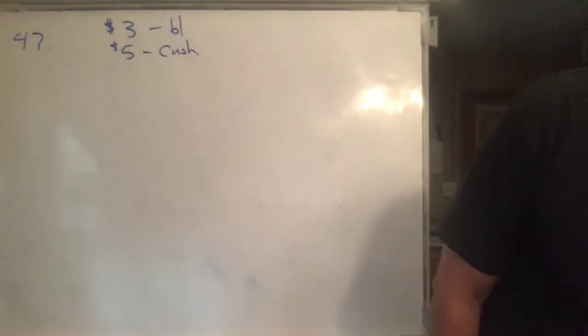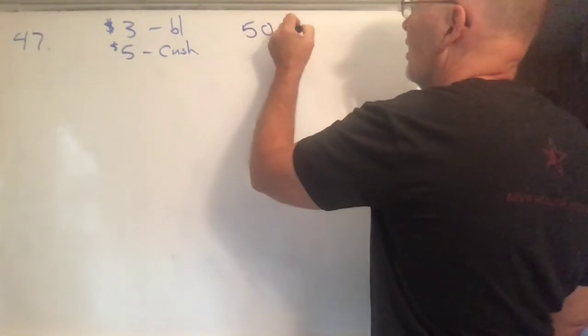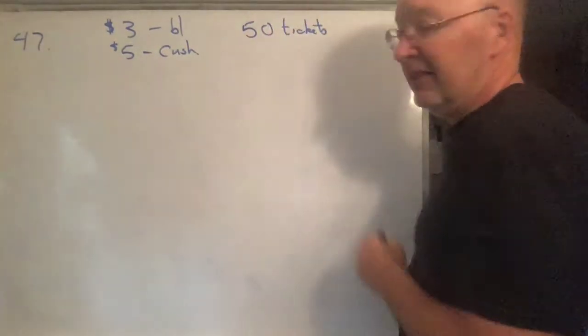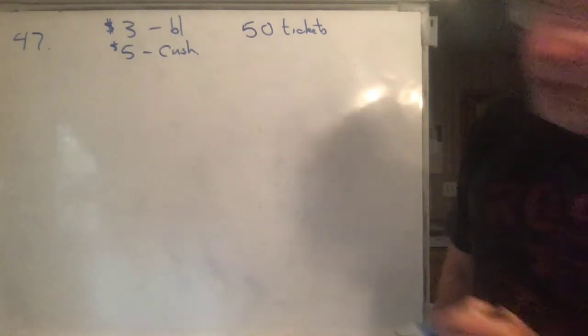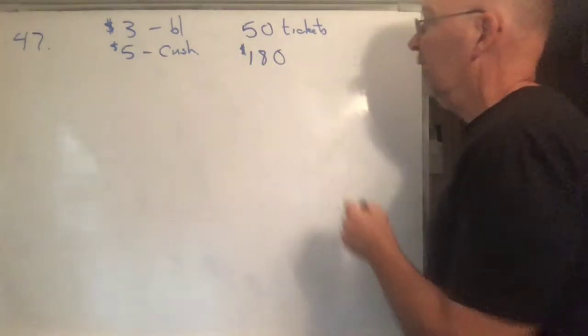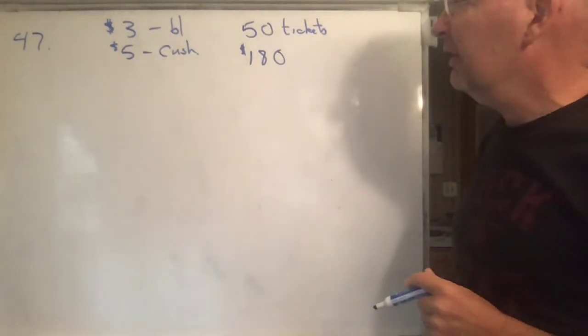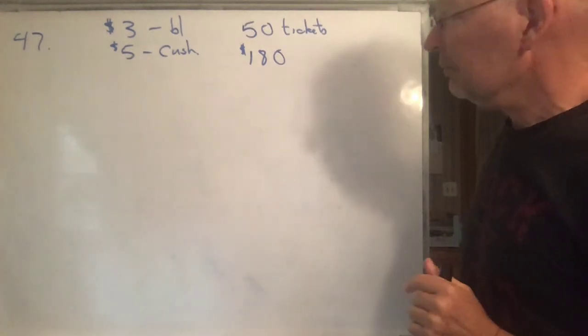At the homecoming game, a total of 50 tickets were sold, and by the time they looked at all the money in the till, they had total sales of $180. And the question is, how many of each did they sell?